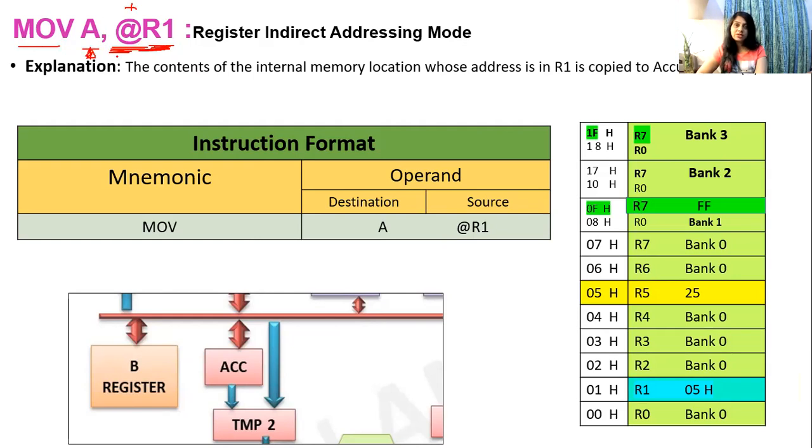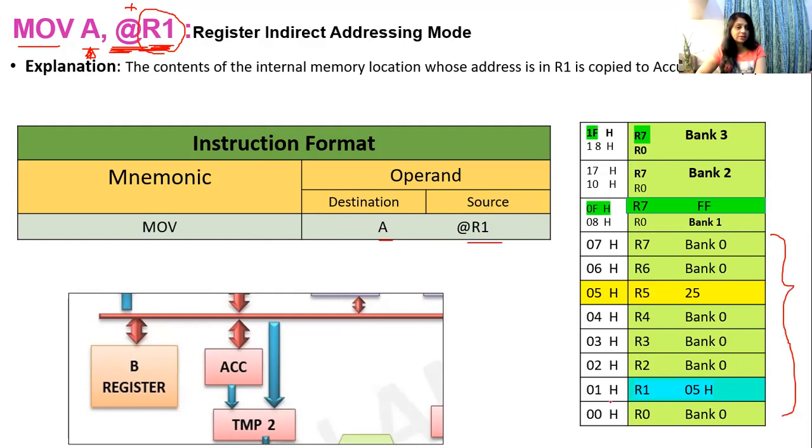So what this instruction says, move the contents of the memory location whose address is in the R1 register. Again, destination is A, this is source. Now, again assume that we have already selected bank 0 by using the processor status word. Now what is R1?